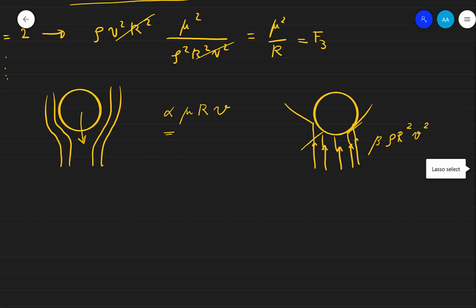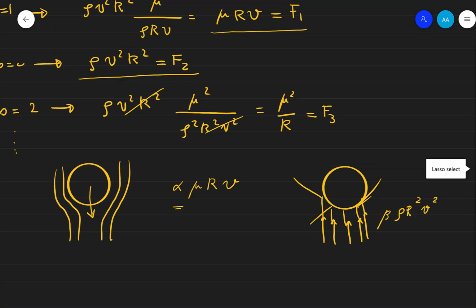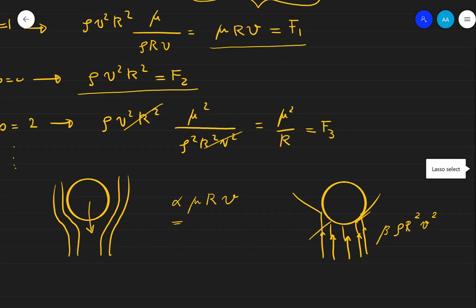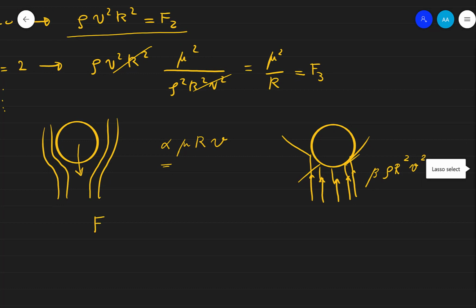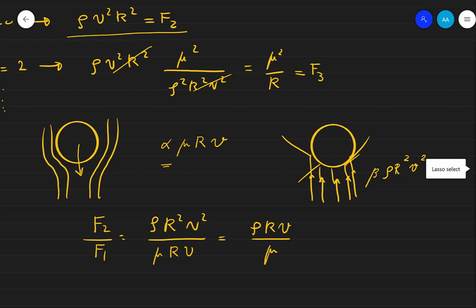Each dimensionless coefficient of F1 and F2 has a dimension of force. The ratio of these two forces, F2 over F1, is trivially dimensionless, and it's a well-known dimensionless quantity in fluid mechanics.